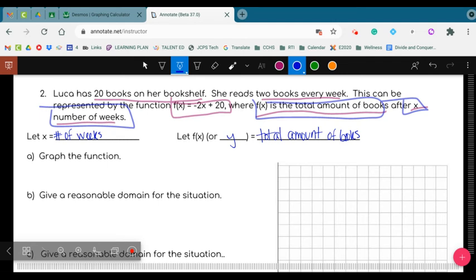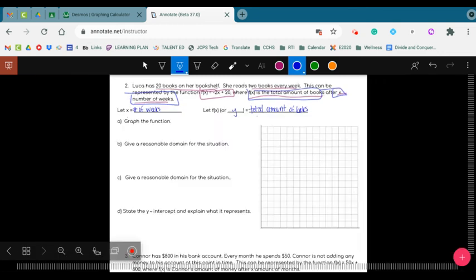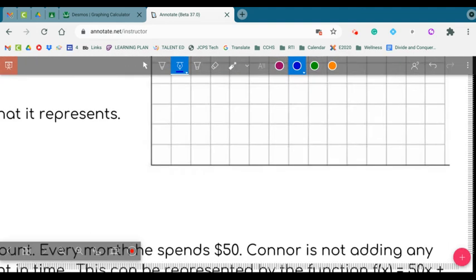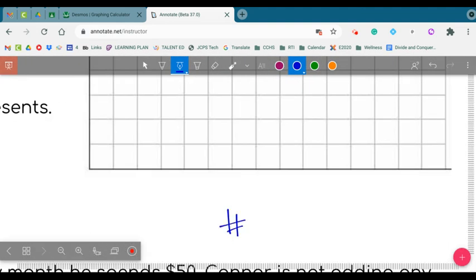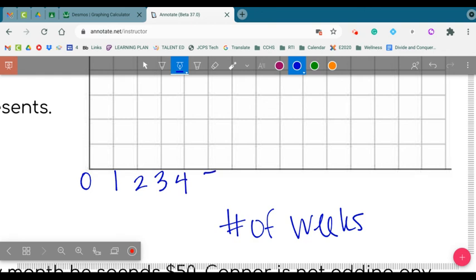So if you guys remember, we have to label our axis. X is number of weeks, and Y is total amount of books. So for our x-axis, we're going to put number of weeks, and we're going to go up by 1. So 0, 1, 2, 3, 4, 5, 6, 7, 8.